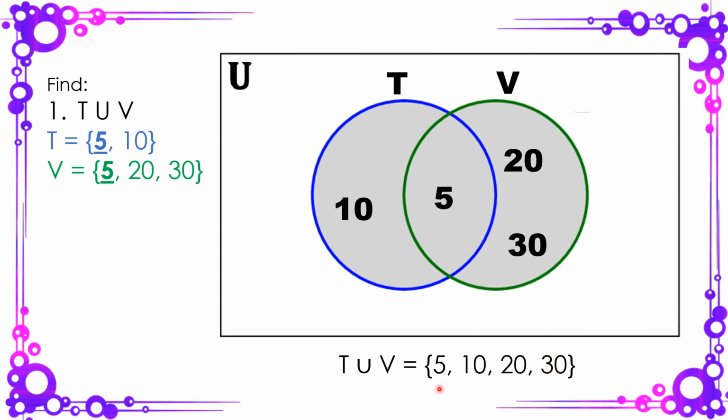So you see here that we only write 5 once, since it is the repeated possible outcome for T and V. Or just simply look at our Venn diagram here: 5, 10, 20, and 30. So we are done with the union of events, and then we answered it using Venn diagram.